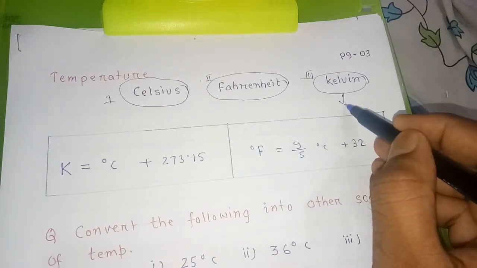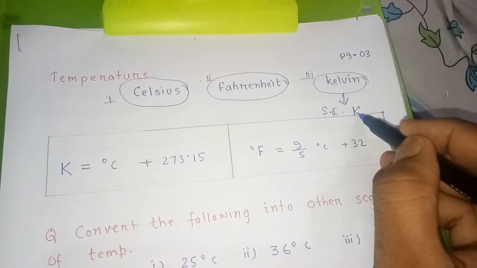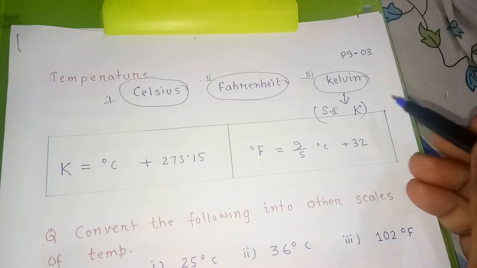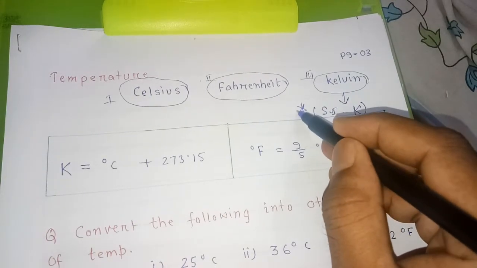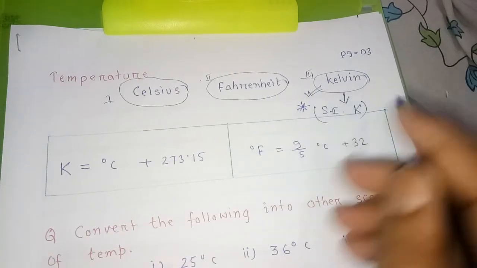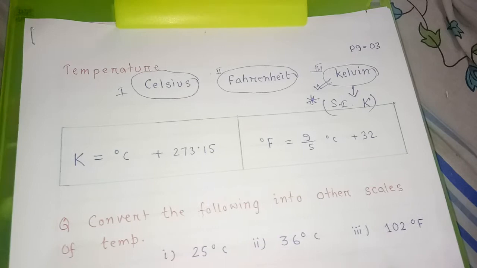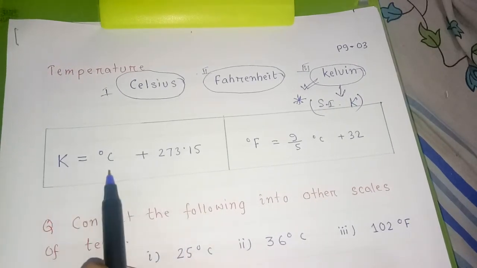Kelvin scale, this is the SI unit of temperature, it is Kelvin. So whenever you solve a problem, you have to solve temperature, you must take in Kelvin, because Kelvin is the SI unit of temperature.